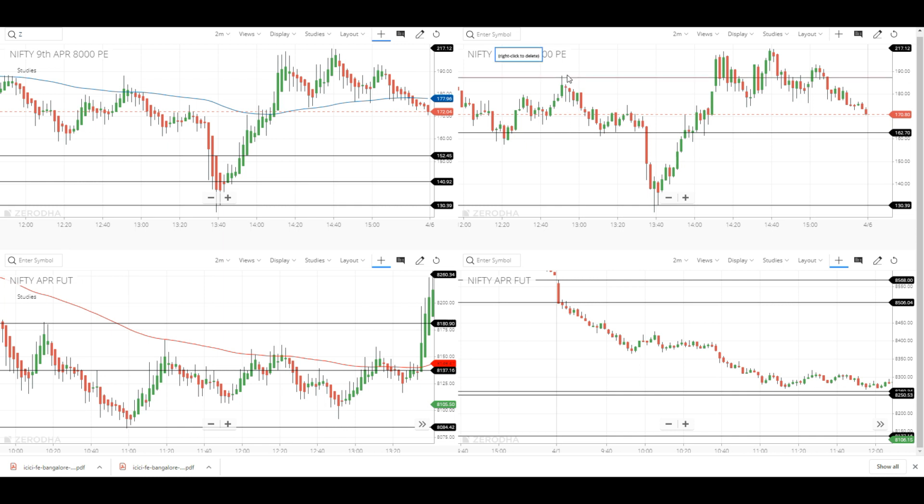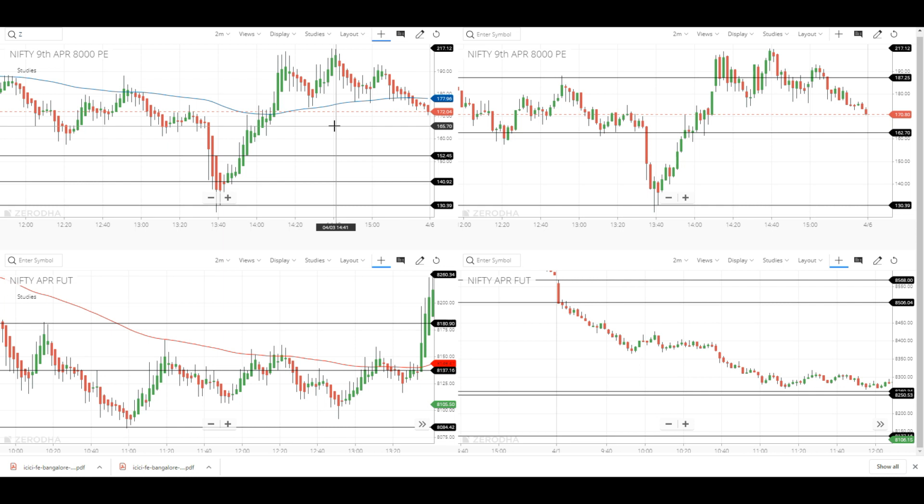These are my support and resistance which I had marked yesterday, and it moved in the same direction. However, in case you don't know the support and resistance, how will you trade on this particular thing?